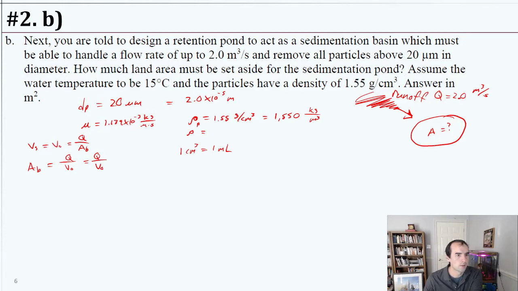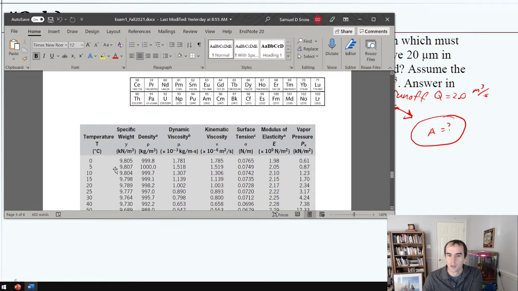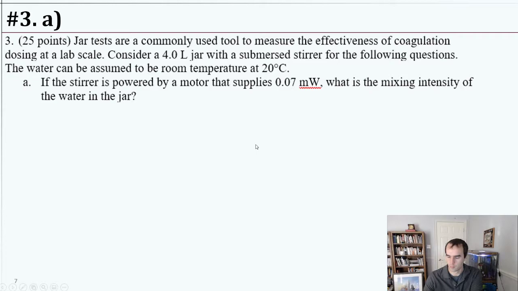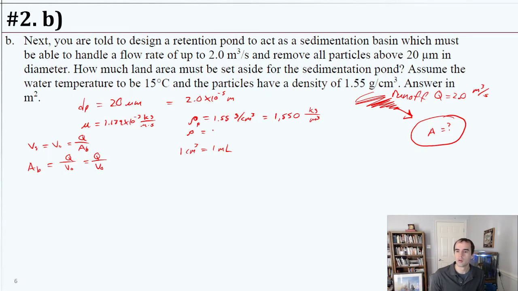Okay, so at 15 degrees Celsius, we have a density of water of 999.1 kilograms per cubic meter. So that gives us everything we need in order to solve for our Vs here.